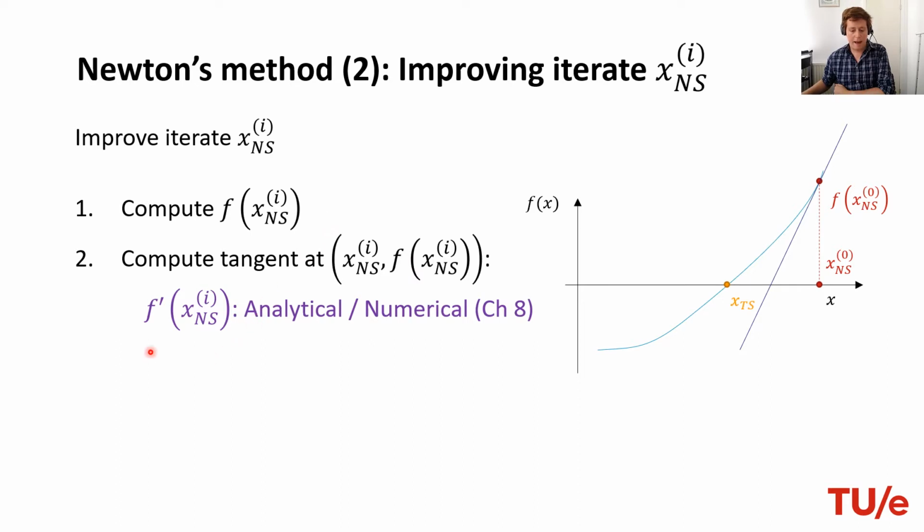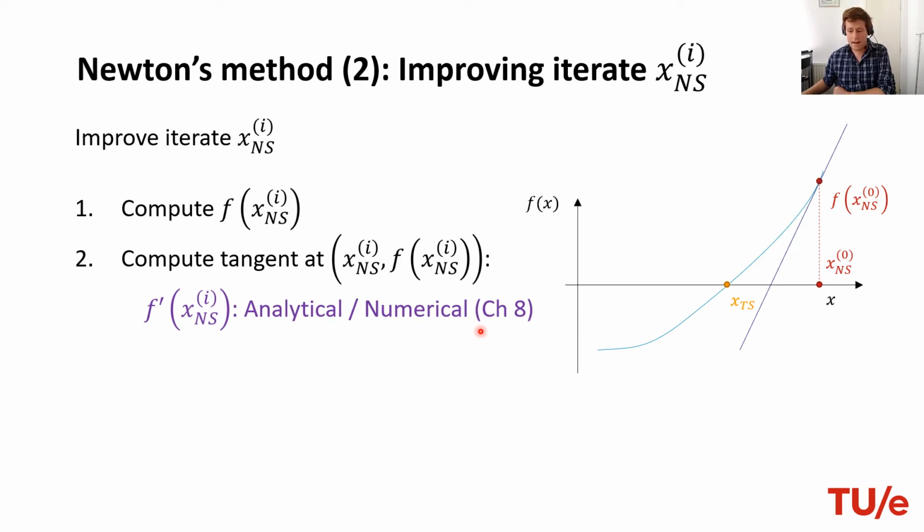Now, if we have f in an analytical form, then we hope to do this in an analytical way, and then it's possible. But sometimes it is not possible to get the analytical formulation of the derivative of f, and then we can use numerical approximations. More on that will come in chapter 8.